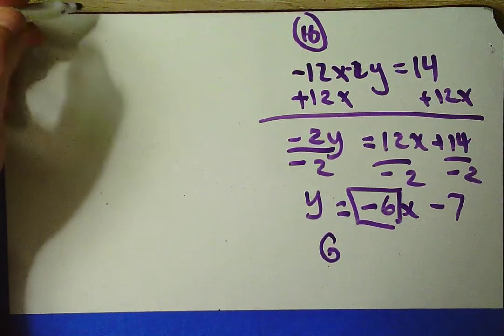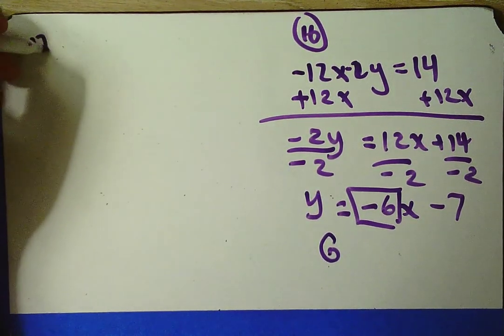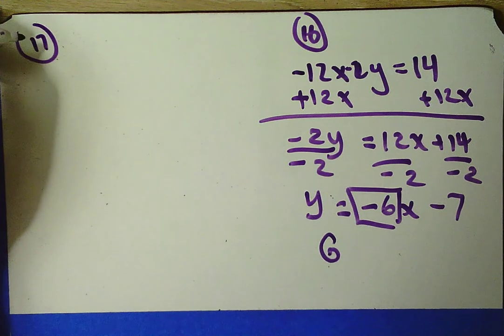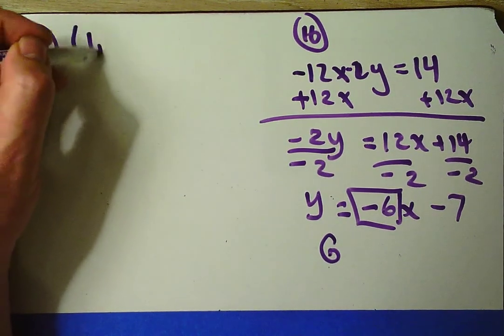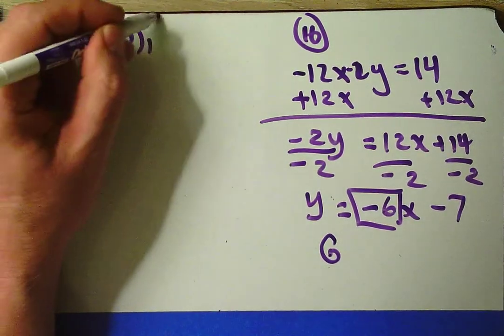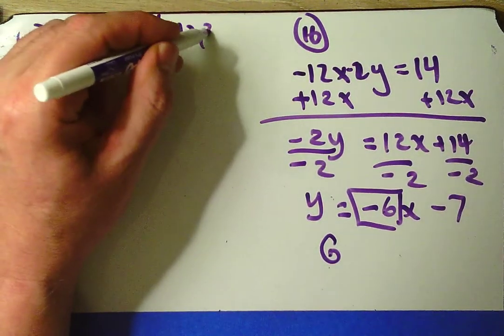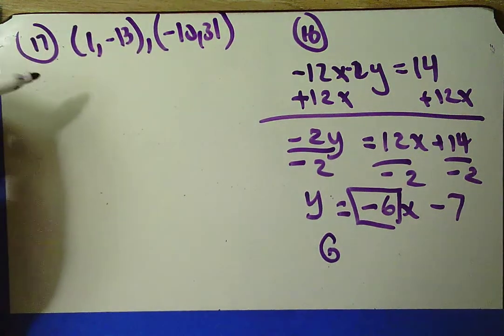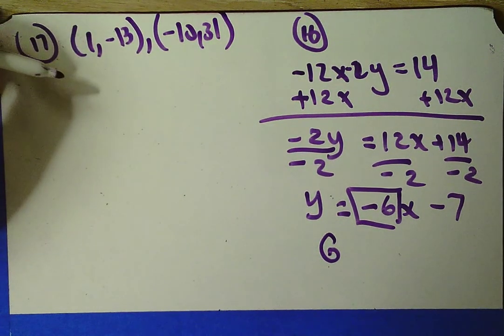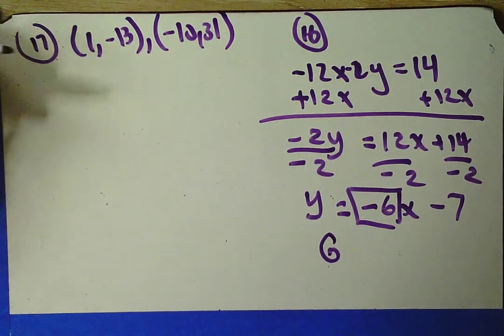G for number 16. Number 17. What is the y-intercept of the line that passes through the points 1, negative 13, and negative 10, 31? Well, I think I need to write the equation of the line and then find the y-intercept of that equation.